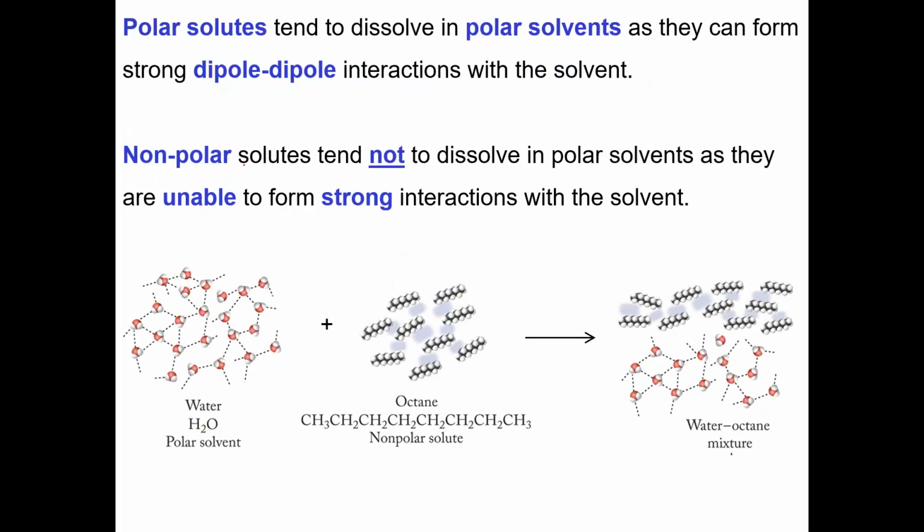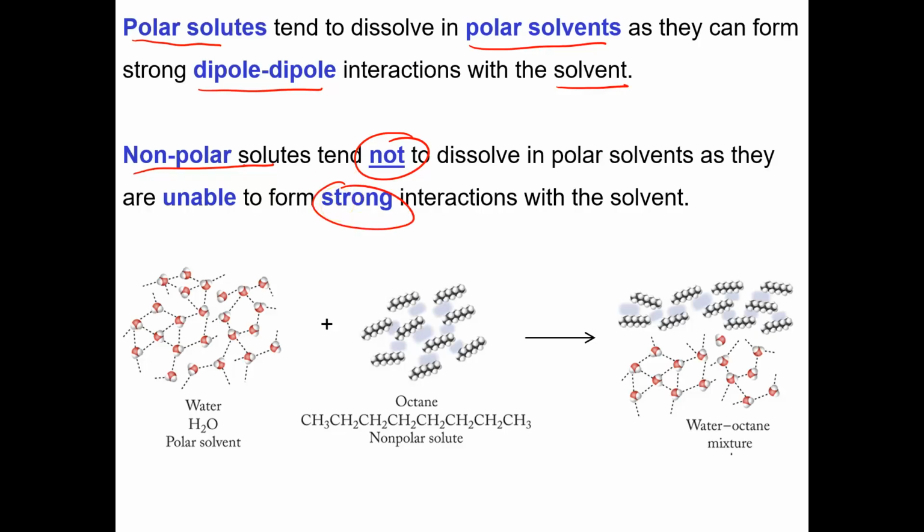So the general rule of thumb is that polar solutes will tend to dissolve in polar solvents as they can form strong dipole-dipole interactions with the solvent, and that non-polar solutes tend to not dissolve in polar solvents because they are unable to form strong interactions with the solvent.